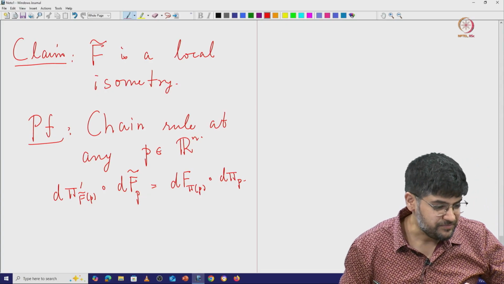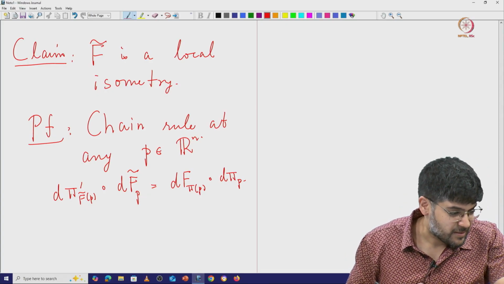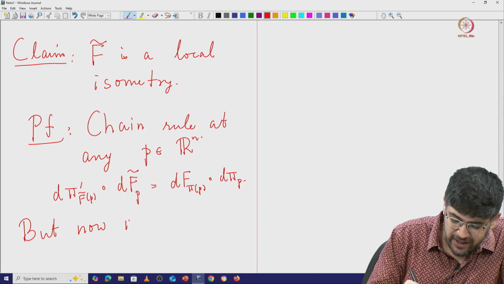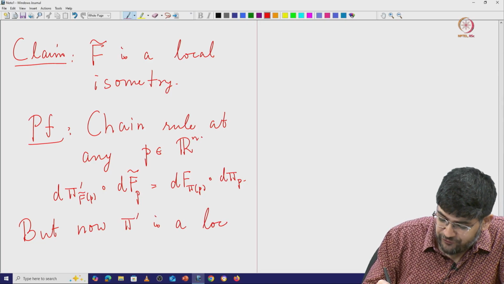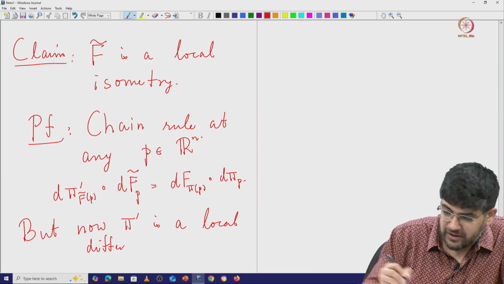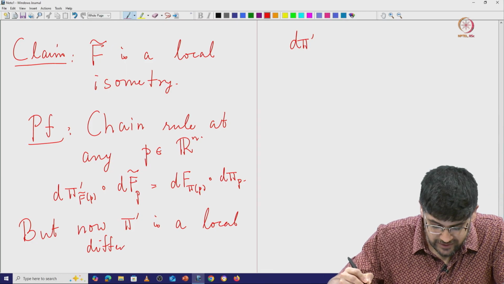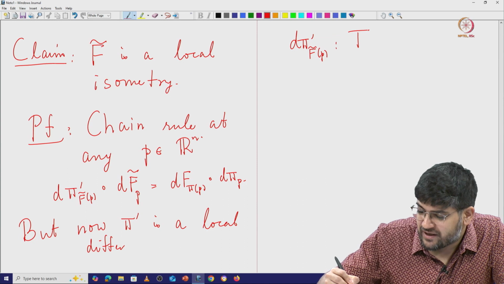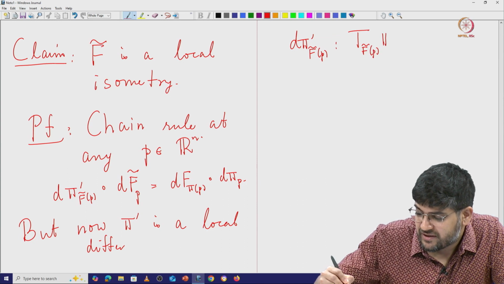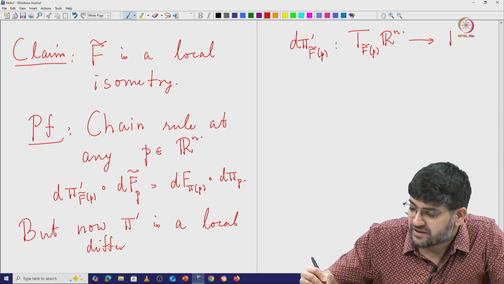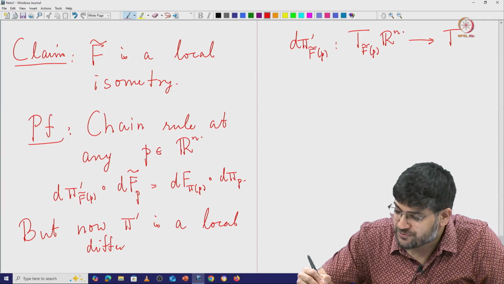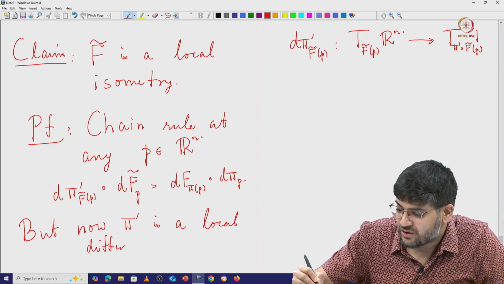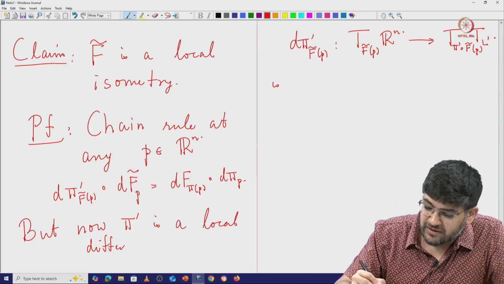Okay. But now, because pi prime is a local diffeo, this map, which goes from the tangent space of Rn at f tilde P to the tangent space of the torus at pi prime composed with f tilde of P, is an isomorphism.